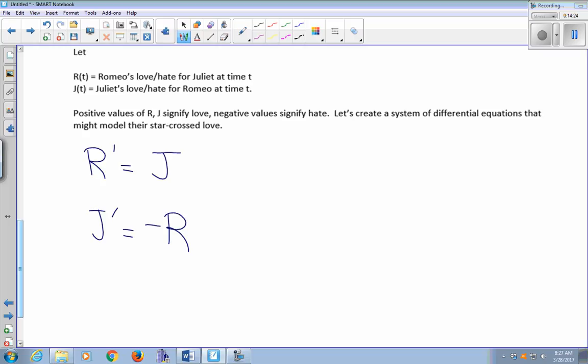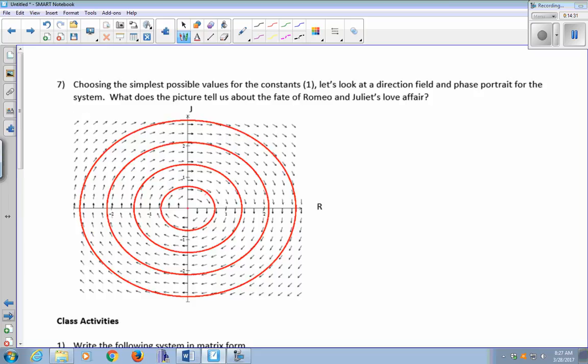So this particular scenario, we don't have any analytic methods just yet, but we can make a direction field and a phase portrait with a computer, like I did here. So what does this picture tell us about the fate of Romeo and Juliet's love affair? They fall in and out of love over and over again. Yeah.